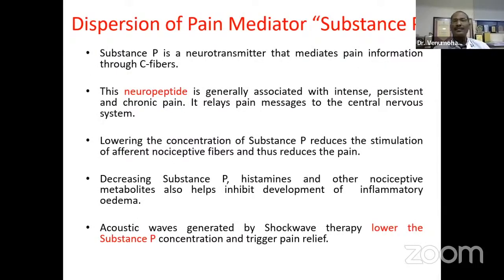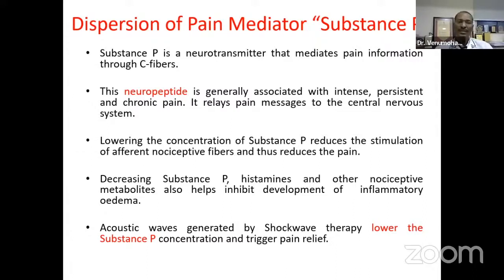Next, the pain. Pain is another reason for which we are using the shockwave therapy. And we know that the neuropeptide substance P is generally associated with this pain. And we see that after the treatment with extracorporeal shockwave therapy, there is a reduction in the substance P stimulation.